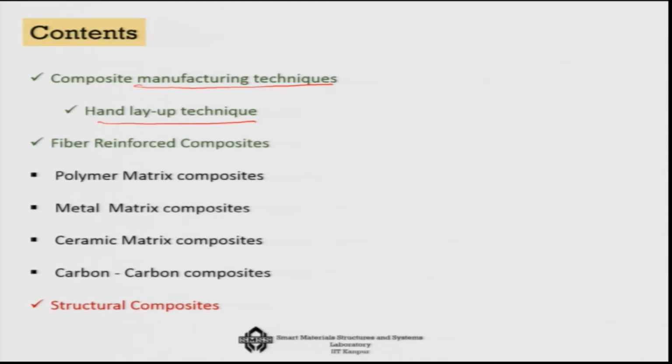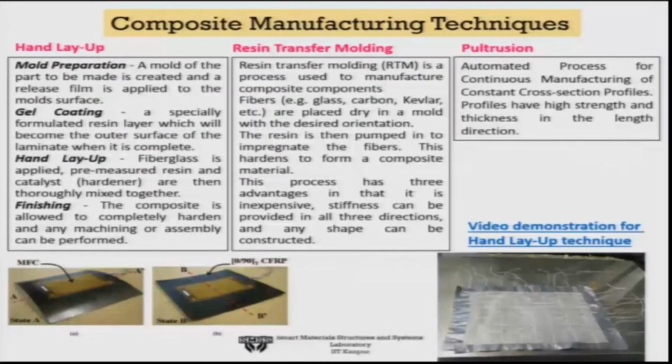And then we will go to fiber reinforced composites, polymer-matrix composites, metal matrix composites, ceramic matrix composites and carbon-carbon composites. And also we will talk a little bit about sandwiches. So, hopefully once we do these things, you will be able to get initiated into the micro mechanics of such composites. So, very quickly we will talk about the composite manufacturing techniques.